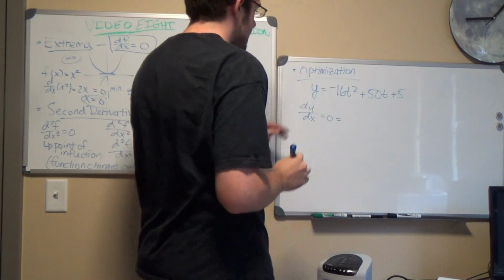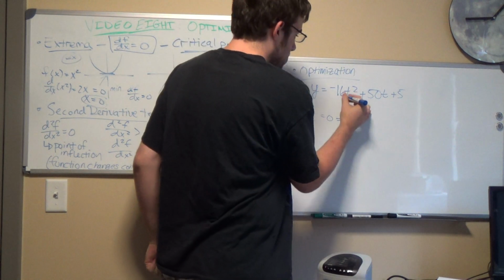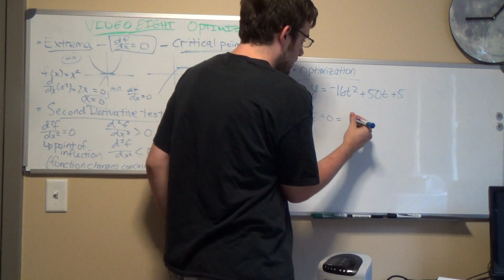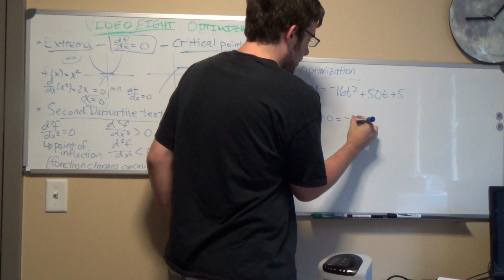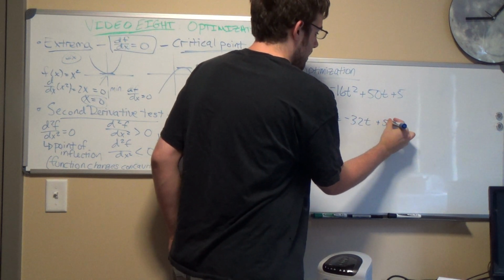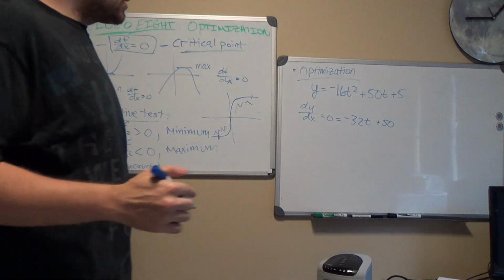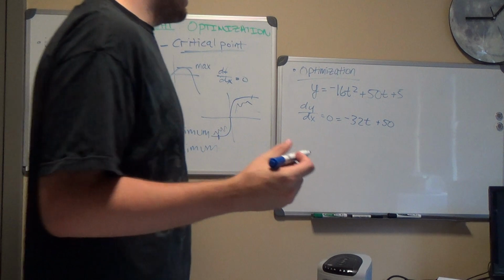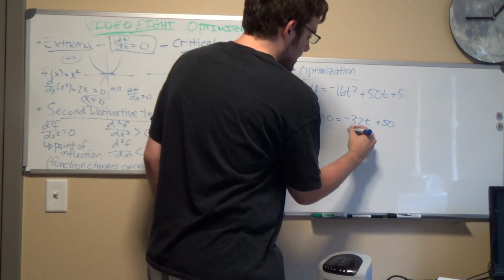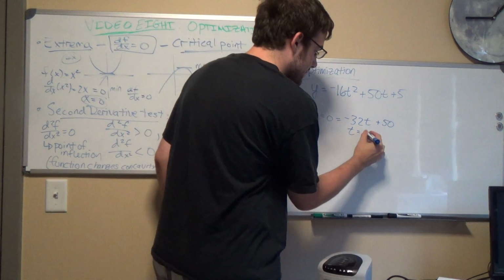And dy/dx is the derivative of negative 16t squared plus 50, which is negative 32t plus 50. Then we solve for this and we end up getting time is equal to 1.56 seconds.